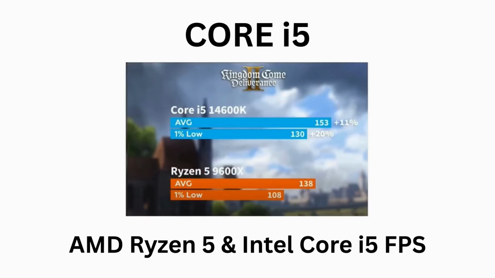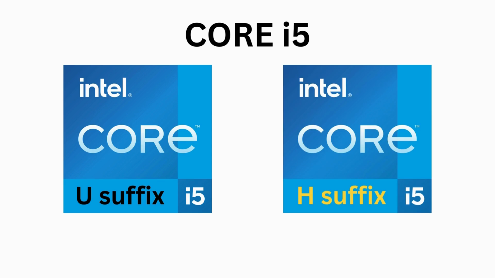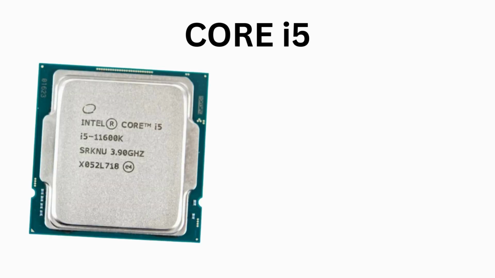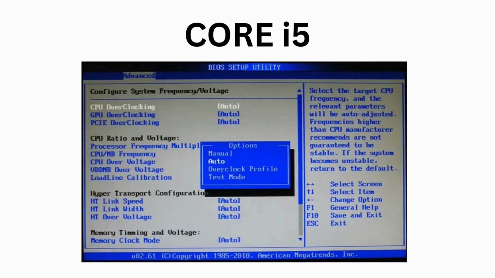In terms of suffixes, Core i5 processors in laptops still come with the U suffix, but there is also the H or HS suffix. The HS suffix is aimed at gaming laptops, as it delivers higher performance but also consumes more power. On desktops, some Core i5 models include the K suffix, which means the processor supports overclocking.